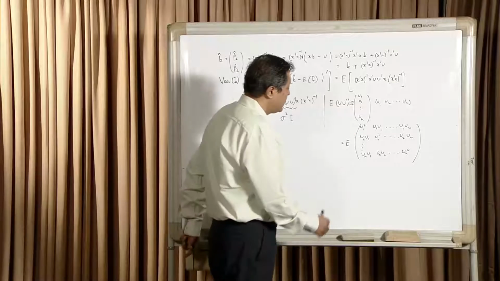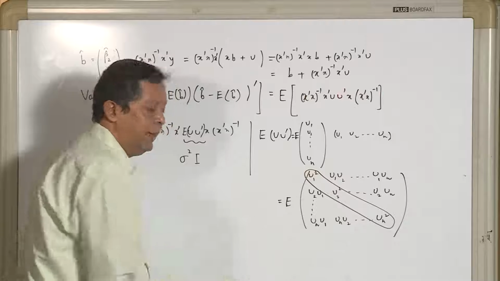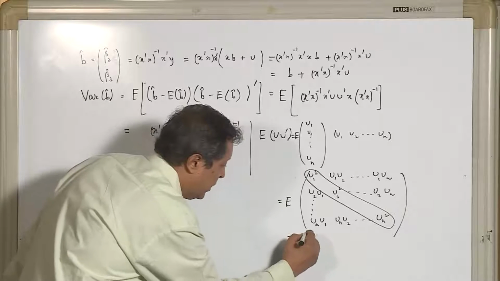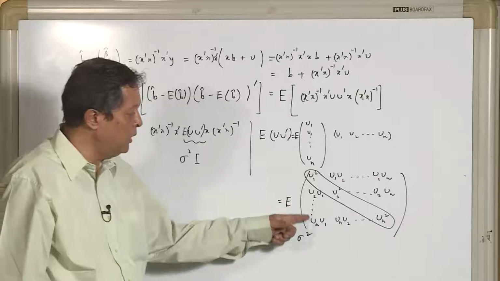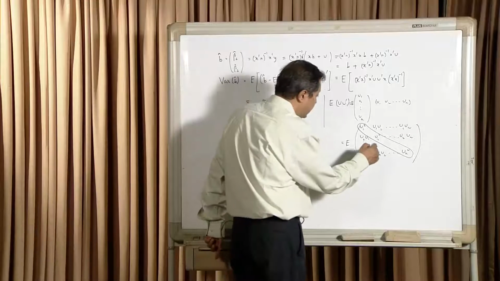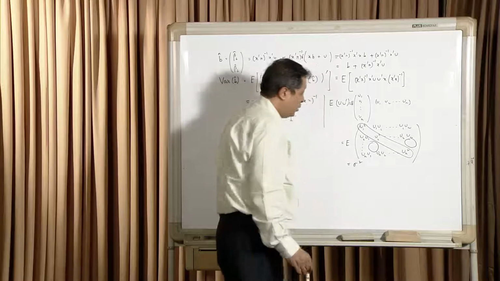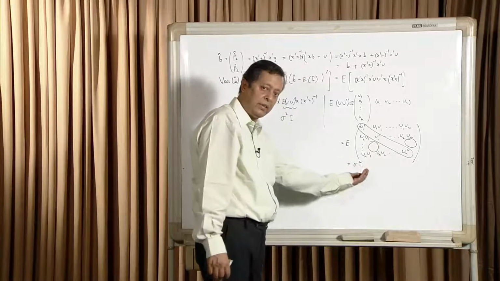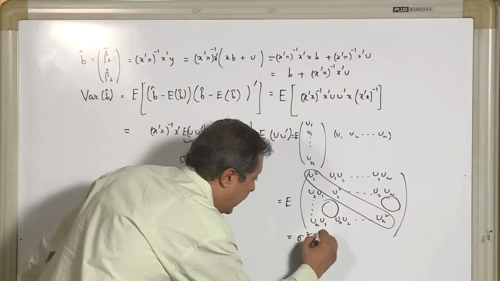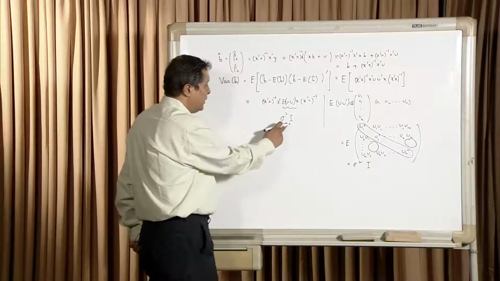So, this matrix tells us that all the diagonal elements will be sigma square and all the off diagonal elements will be 0. Basically, sigma square is common outside the brackets and we have an identity matrix.